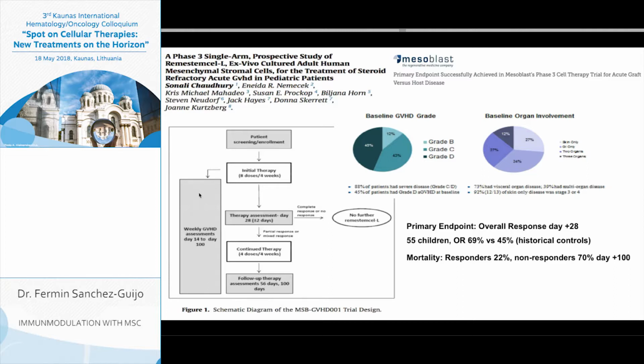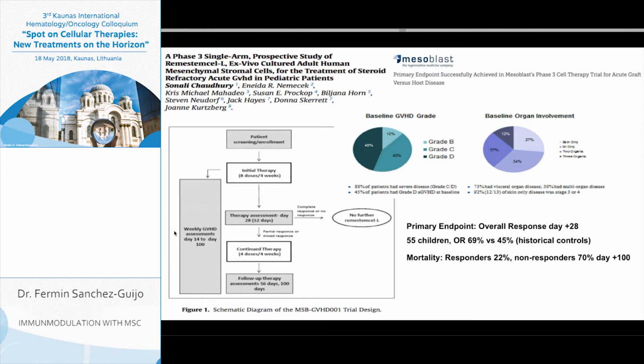They were compared with historical controls, and as you can see in the slide, there's significant benefit in overall response for the treated patients: 69% overall response at day 28 compared with 45%. And the mortality, again, is much lower for those who respond.